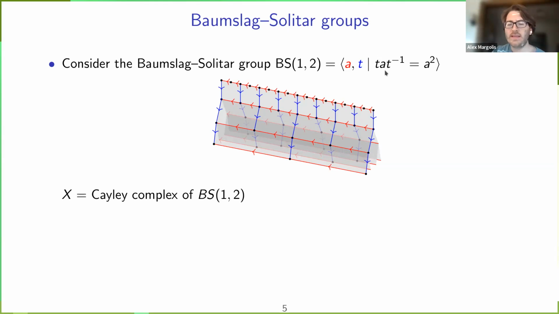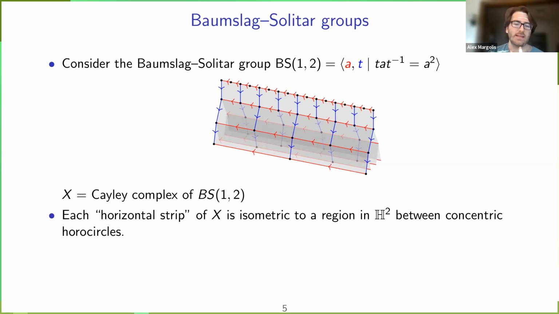And you can sort of see the defining relation t inverse equals a squared in this Cayley complex by tracing: if you go down one, then across one, and then up one, that's t inverse. And what you've done is move two steps to the left. That means you multiplied by a twice. And so you see that t inverse is equal to a squared.